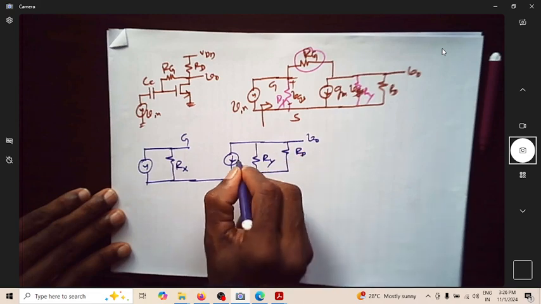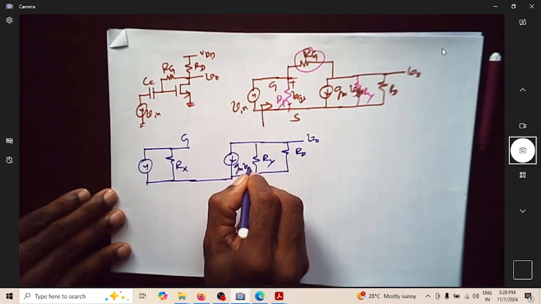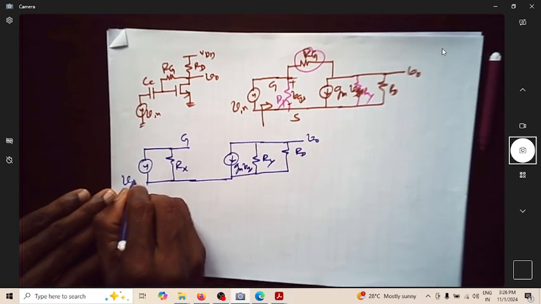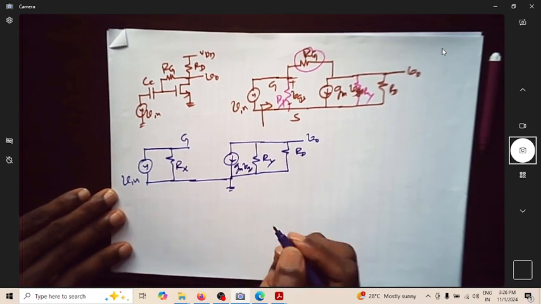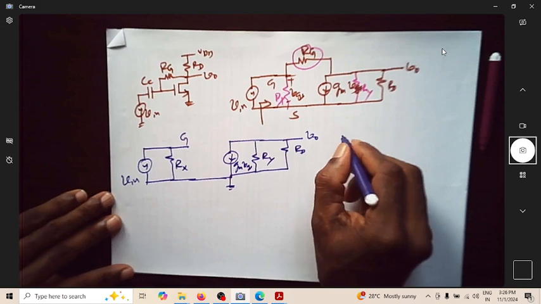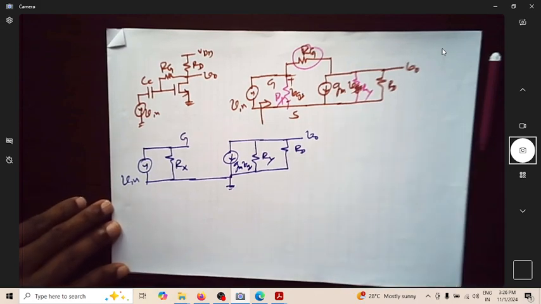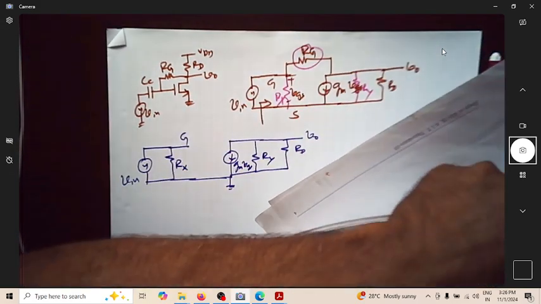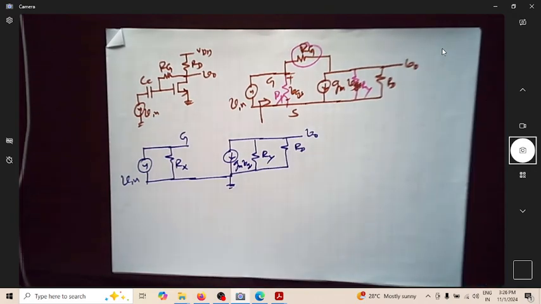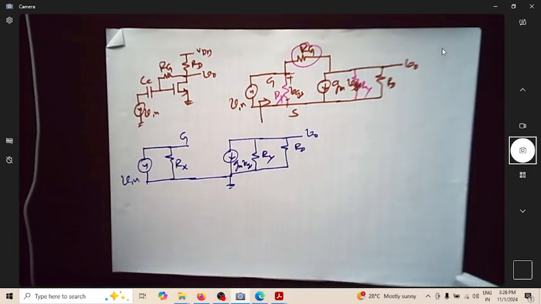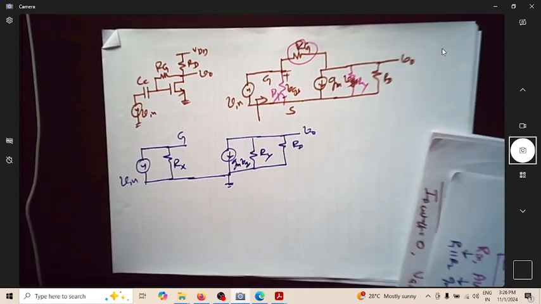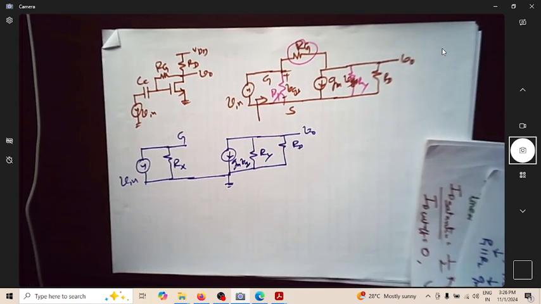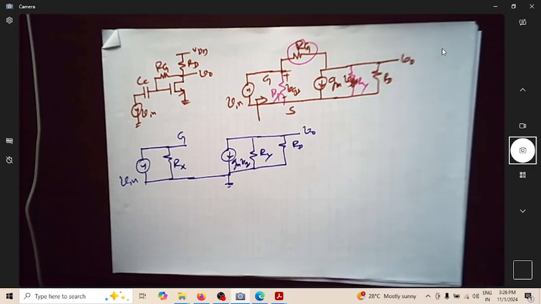This is V0, this is gm into VGS, this is Vin, this is ground. We discussed Miller's theorem in the previous video. What does Miller's theorem say?